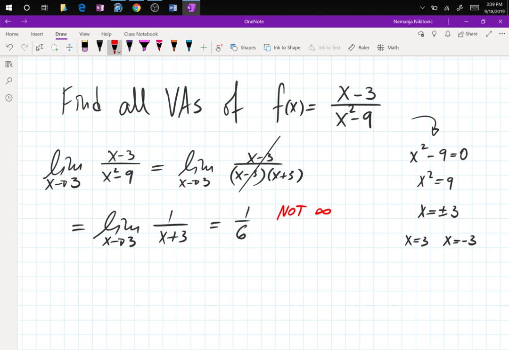No. Do we have a vertical asymptote at 3? No. This says no VA at x equals 3. It's not infinity, right? And calculus doesn't lie.